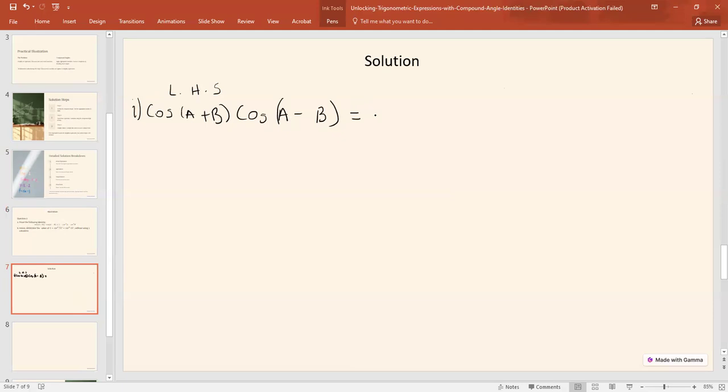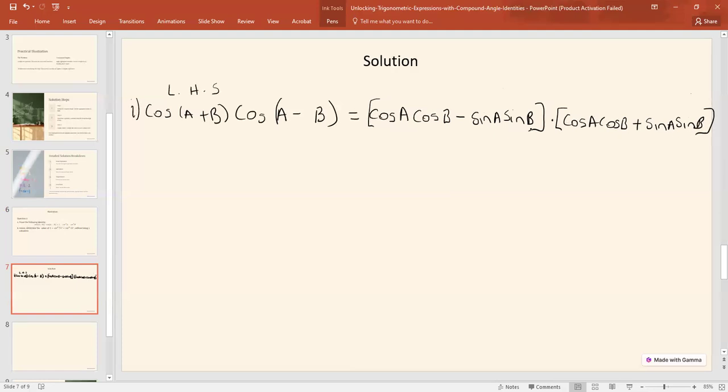So cosine of A plus B is the same as cosine of A times cosine of B minus sine of A times sine of B. The other expression, cosine of A minus B, can be written as cosine of A times cosine of B plus sine of A times sine of B.